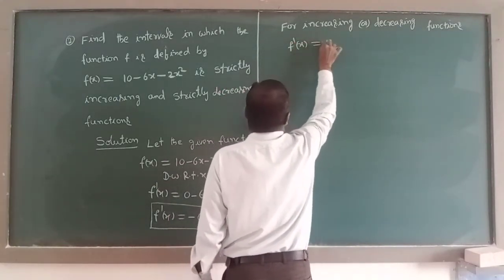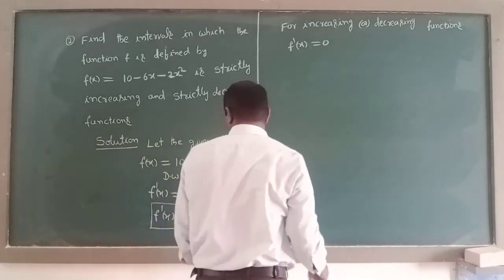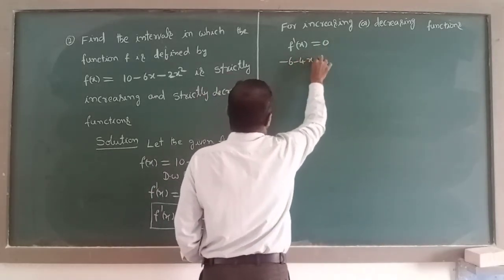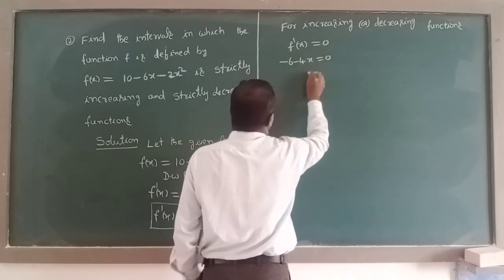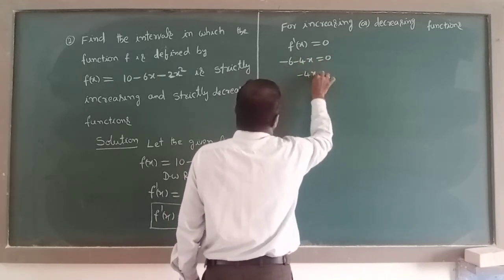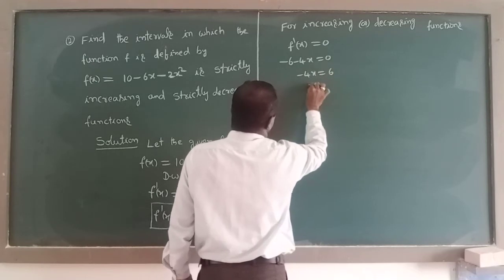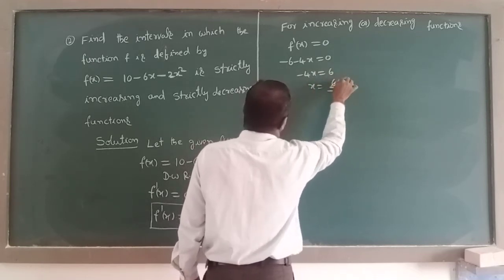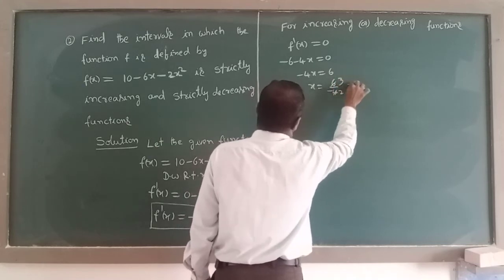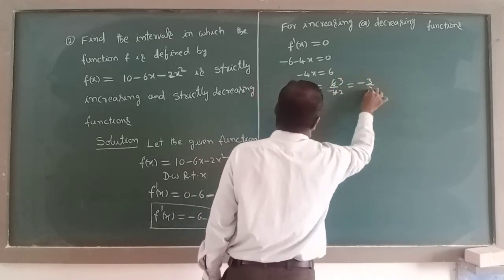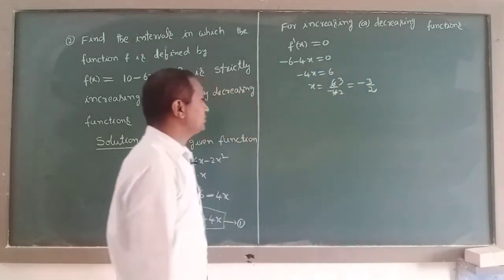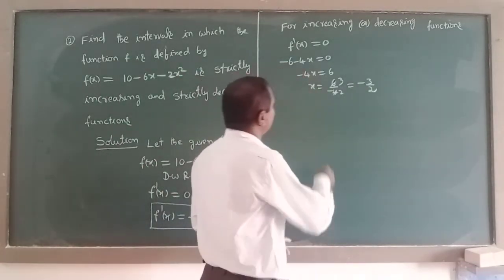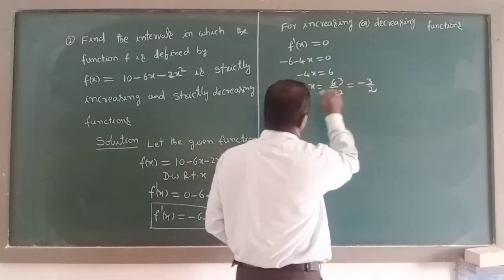That is minus 6 minus 4x is equal to 0. This implies minus 4x is equal to plus 6. x is equal to 6 by minus 4. On cancelling, we get minus 3 by 2 here. x equal to minus 3 by 2 we got here.